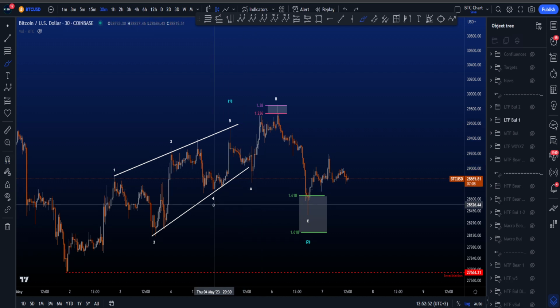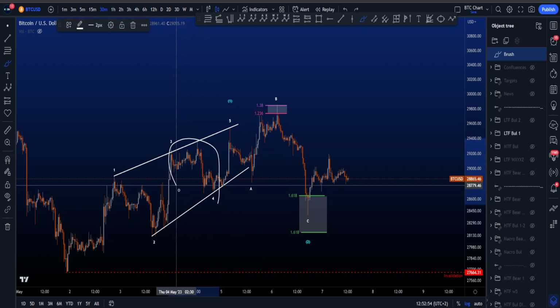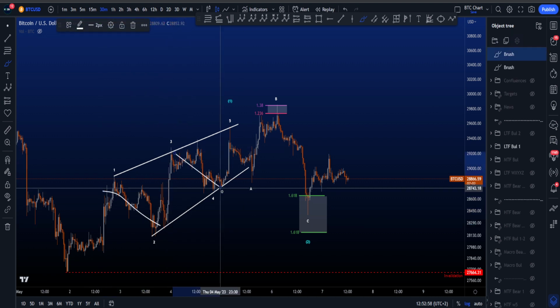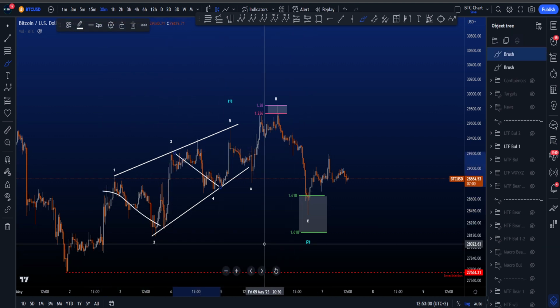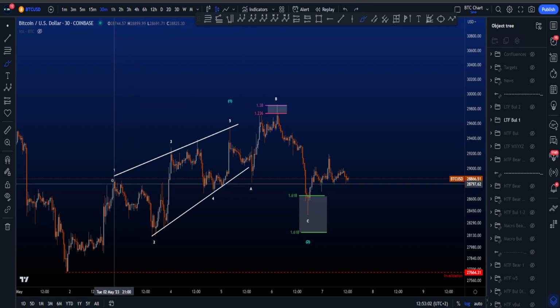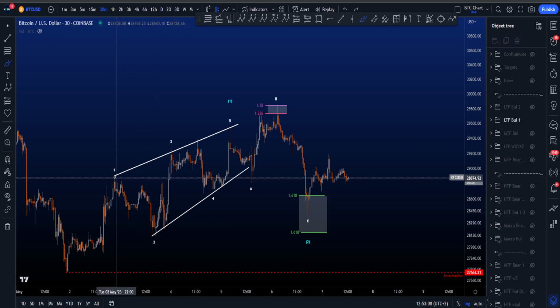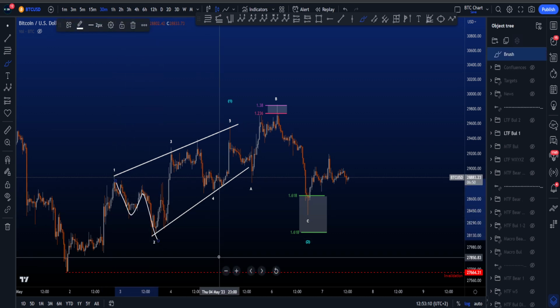However, this wave 4 is the problem in this particular count, because a wave 2 and a wave 4 in a leading diagonal should be zigzags. Now, one could potentially see a zigzag in here, like a 1, 2, 3, 4, 5, corrective to the upside, and another impulse down in an A, B, C. Nice.